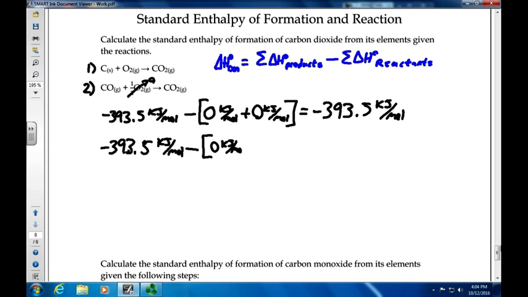I'm writing this out explicitly for your benefit, plus the heat of formation of carbon monoxide, which is negative 110.5 kilojoules per mole.